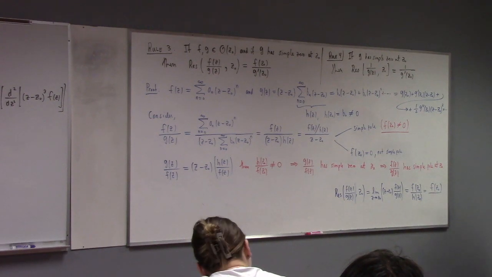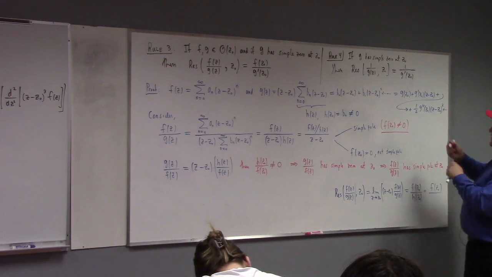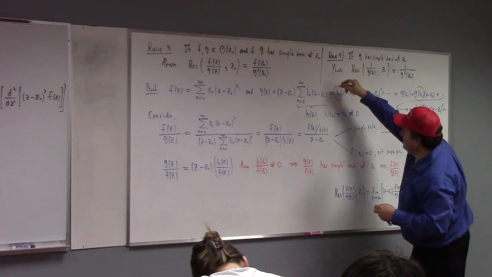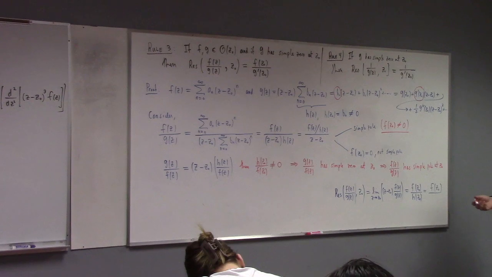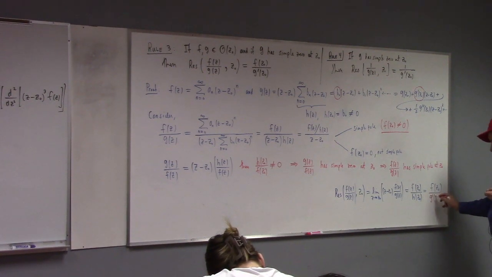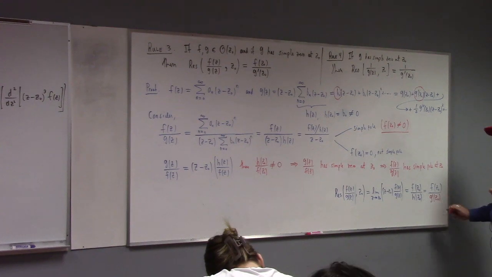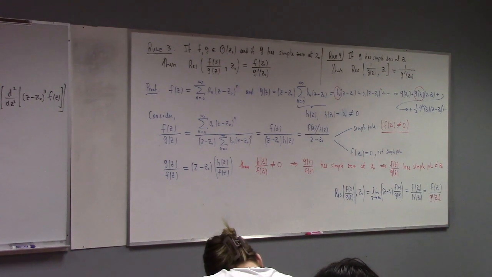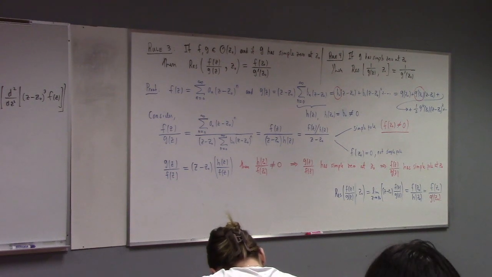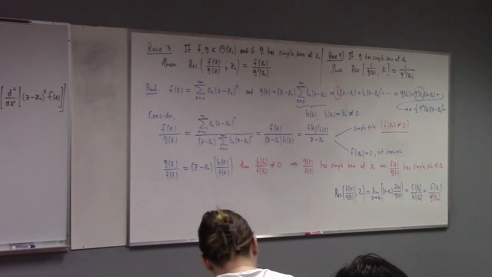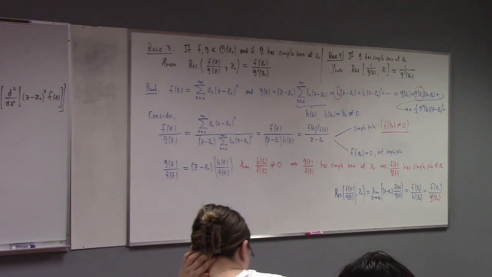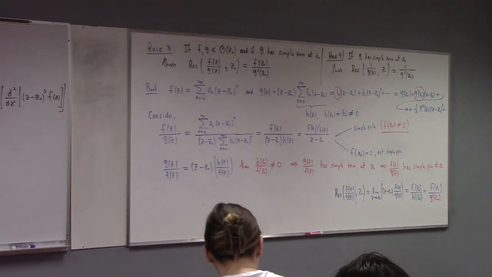So what I'm trying to say is simply that the coefficient of z minus z naught is the derivative of g. So what I was supposed to put down here was just g prime of z naught, all right? So that's the situation when f of z naught is not equal to 0. What if f of z naught is equal to 0? What happens then?